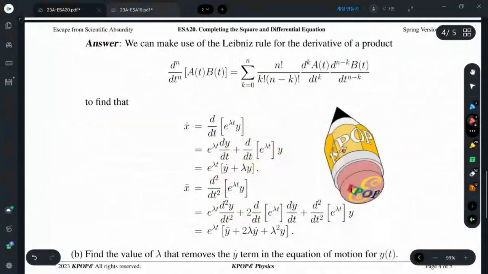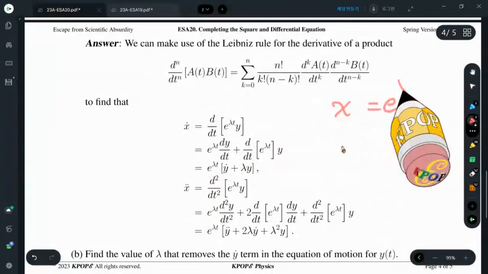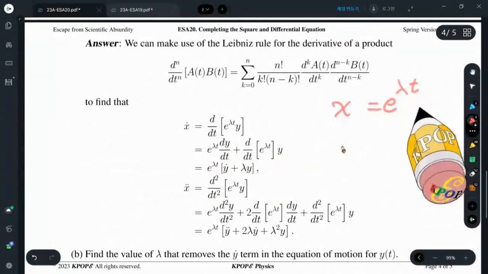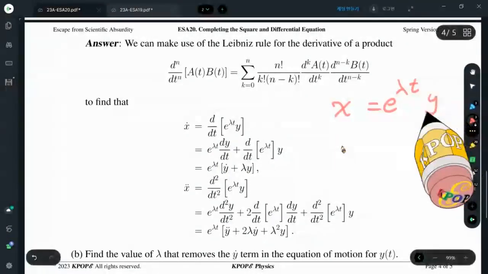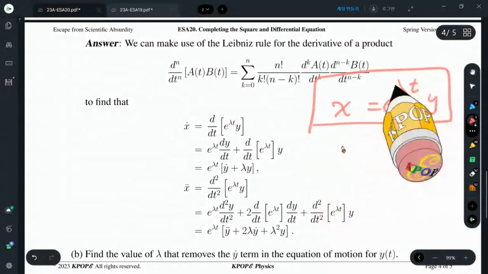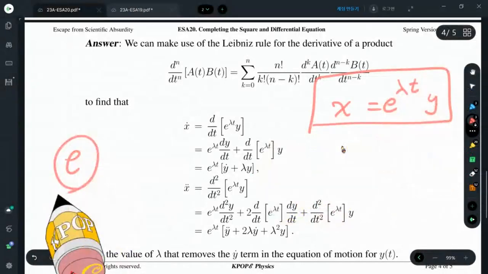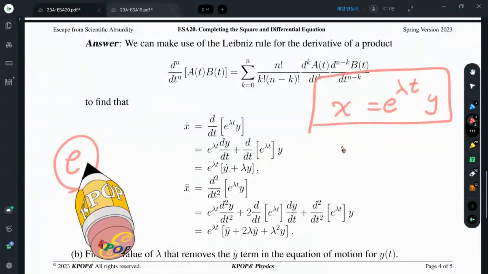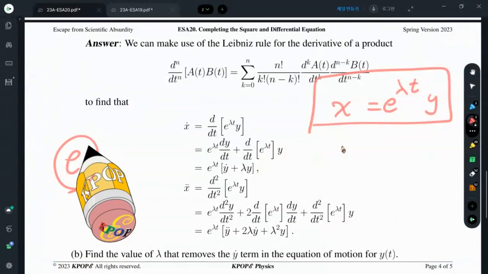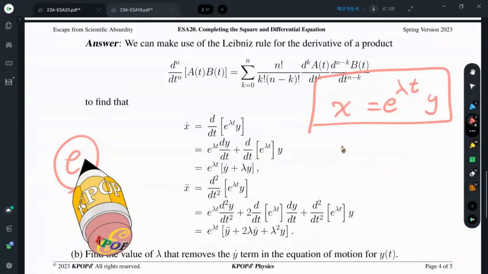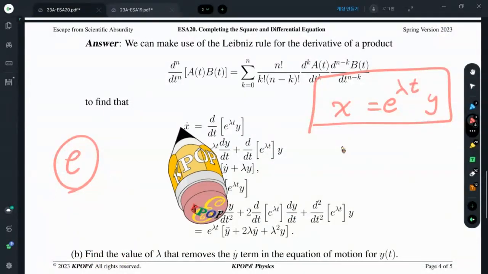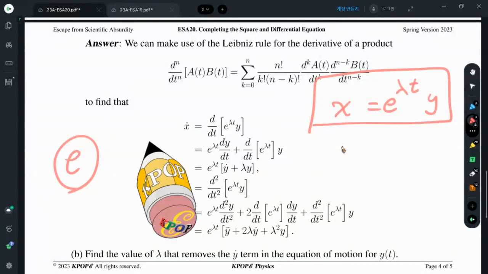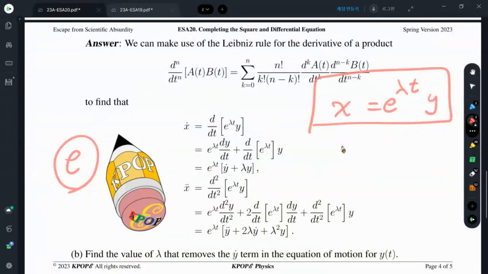Why don't we rescale this by factoring out an exponential function? This is the reason why we keep learning e. It is a very, very nice tool to deal with differential equations. Differential equations originate from the equation of motion.